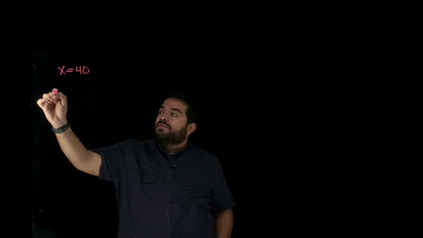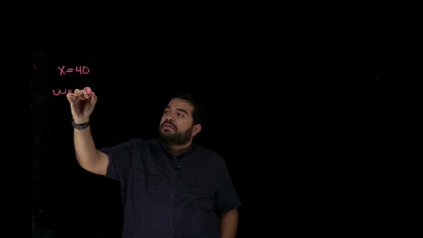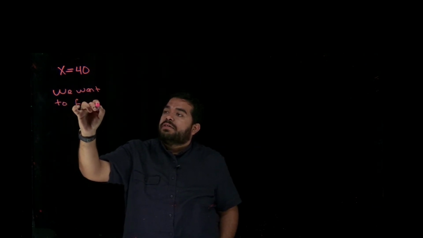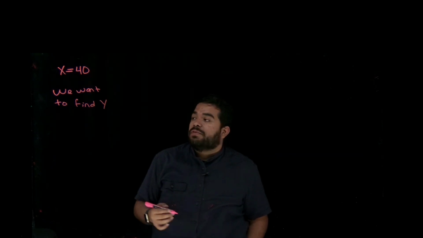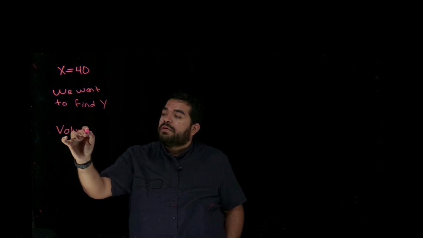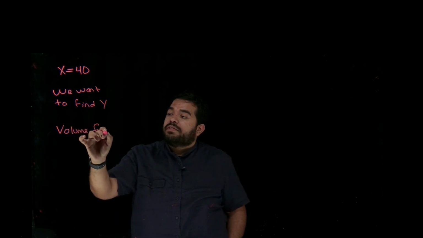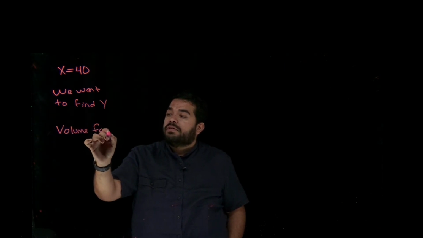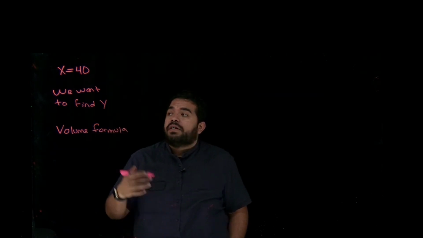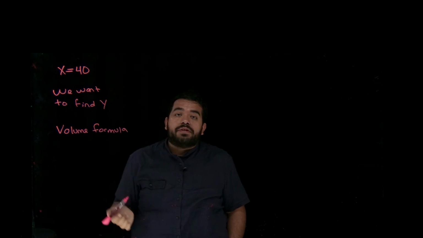Now we want to solve for y. So how do we do that? Well, we'll go back to the original equation that we were using, and that is the volume formula. Remember that the volume was given to us. So all we have to do now is use it by plugging in this value and solving for y.